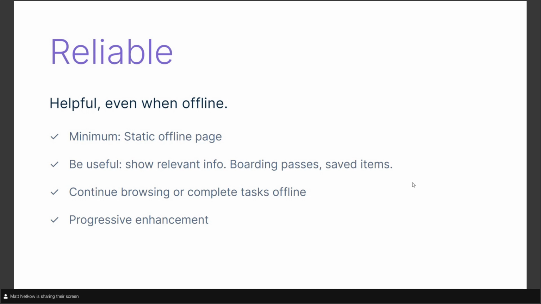Or if they're in the middle of shopping, load up their cart and show the items that they've saved already so that it's top of mind. And when they do come back online, hopefully in a few seconds or whatever it takes to move around the real world, they'll have that connectivity restored. They can finish their browsing or whatever task they were trying to complete.